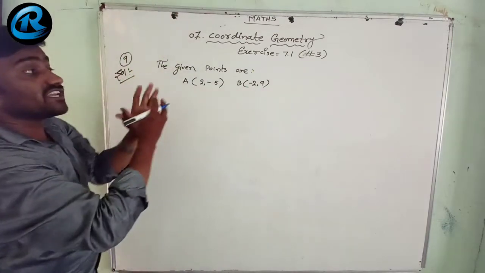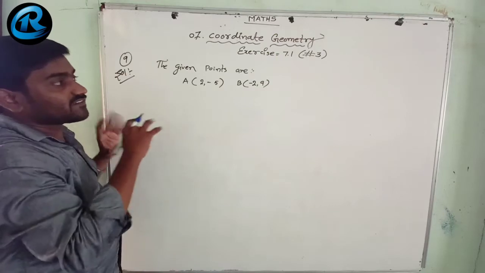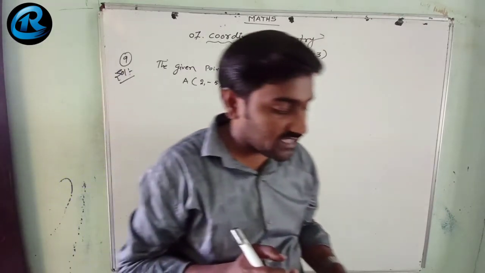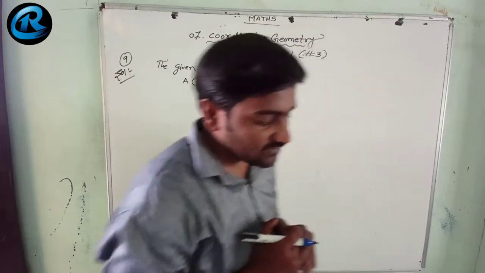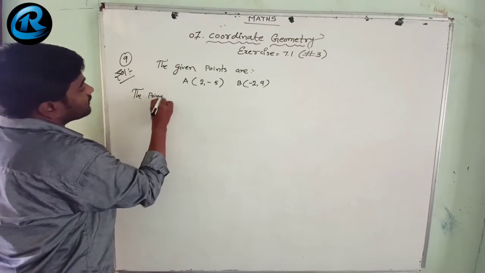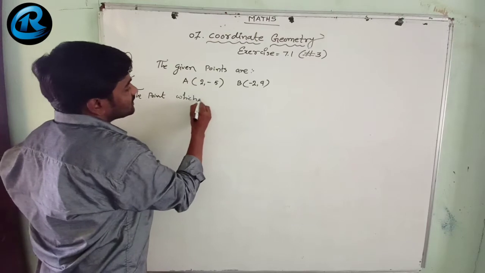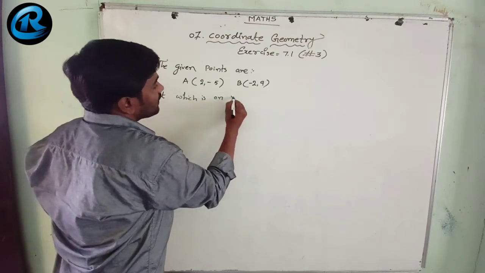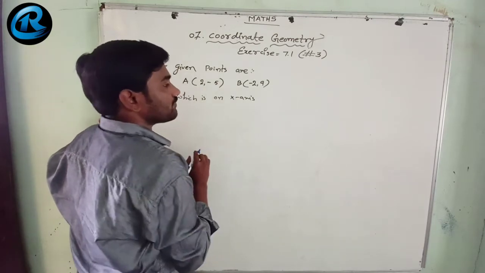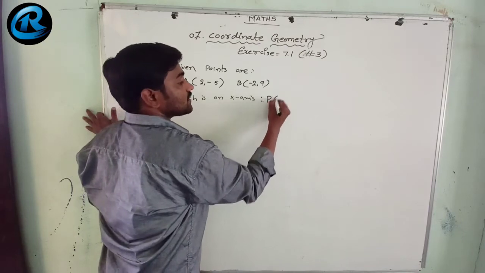These 2 points are equidistant from a point which is on the x-axis. Let us assume the point like P which is on the x-axis.